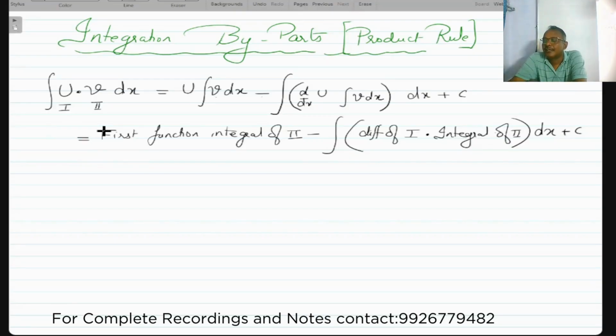I'll say it again. First function integral of second minus integral of differential of first integral of second dx plus c.